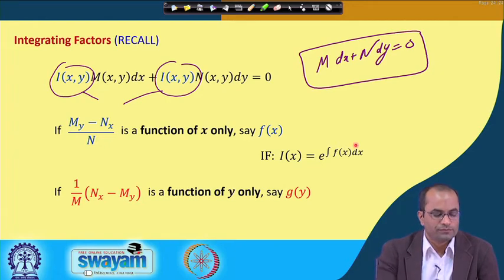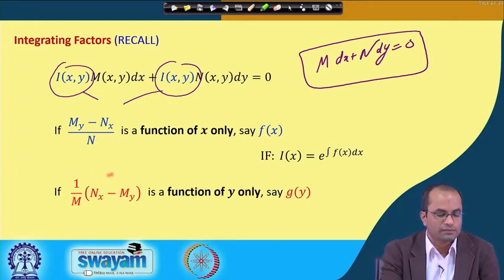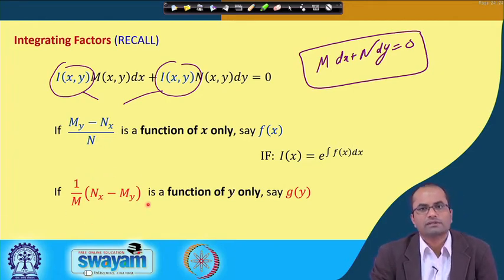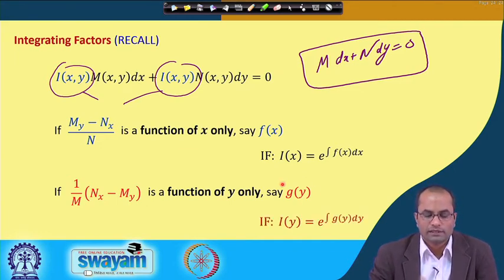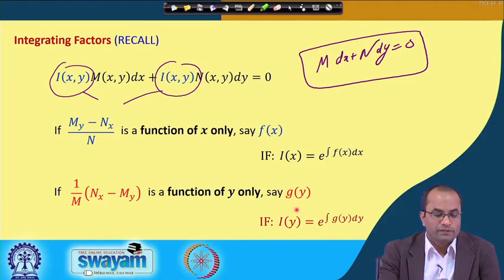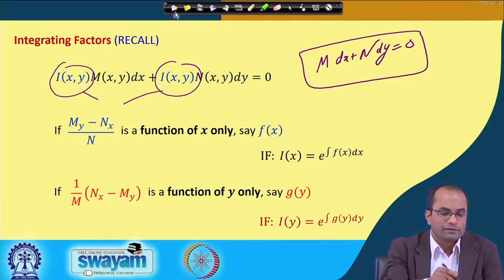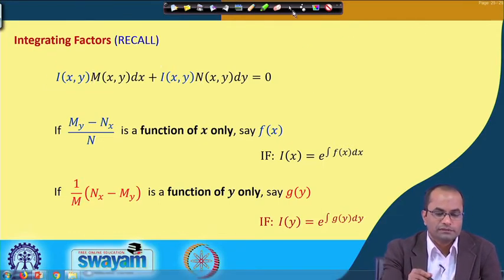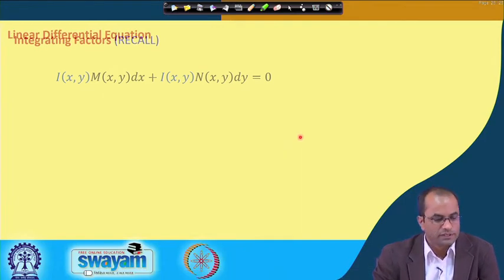And also in this case, 1 over M times (N_x minus M_y), if this is a function of y only, let us call it g(y), in that case also we can compute the integrating factor again as I(y) is equal to e to the power the integral of this function g(y) dy. So, we require this knowledge of the integrating factor, how to evaluate it in these special cases, in today's lecture.